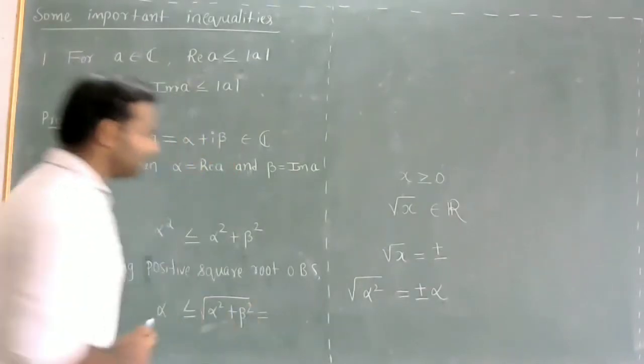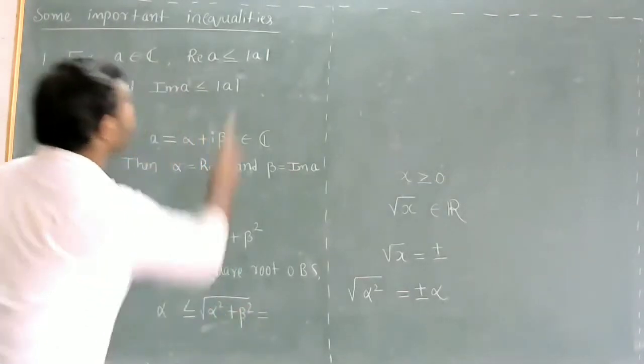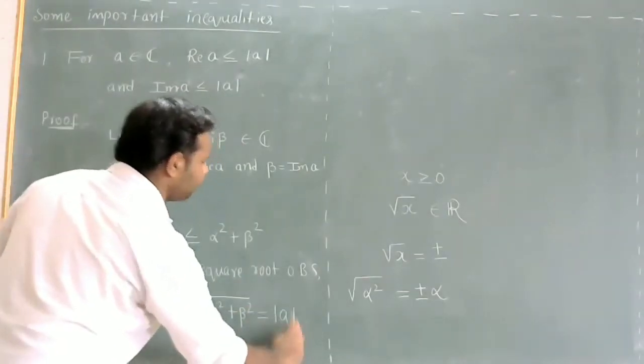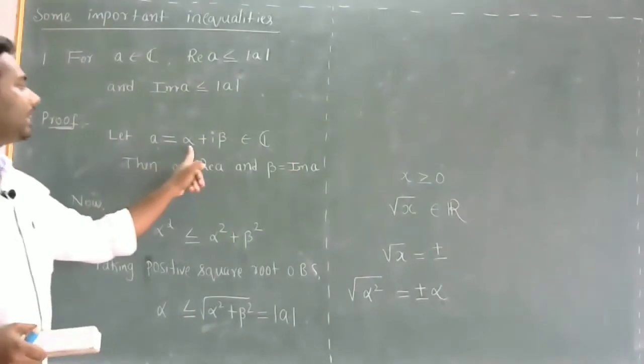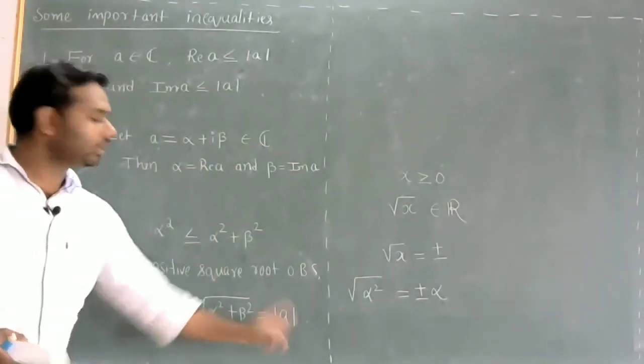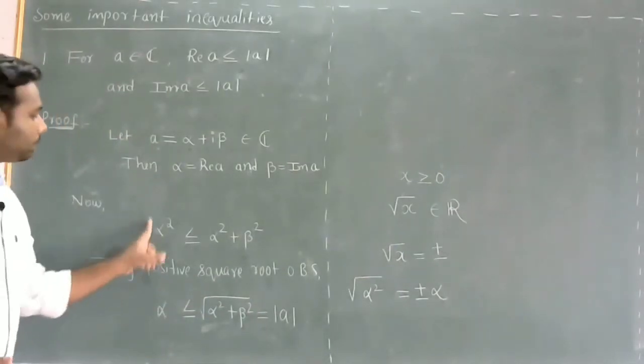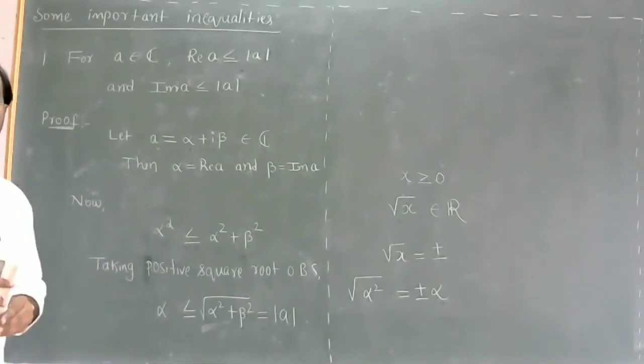And this is nothing but the modulus of A. As A is alpha plus i beta, the square root of alpha square plus beta square is the modulus of A.